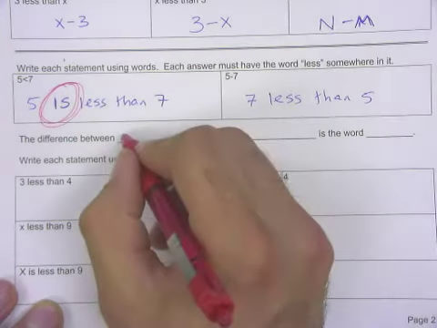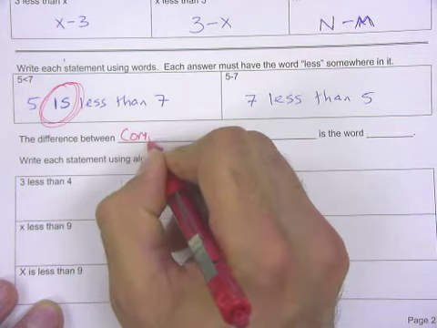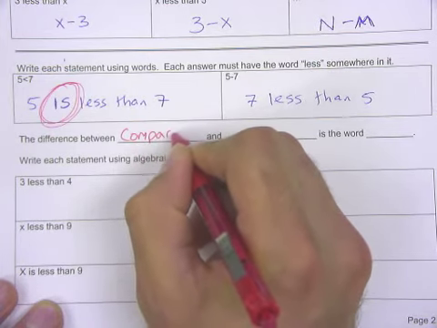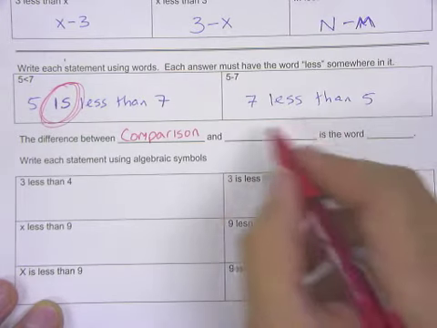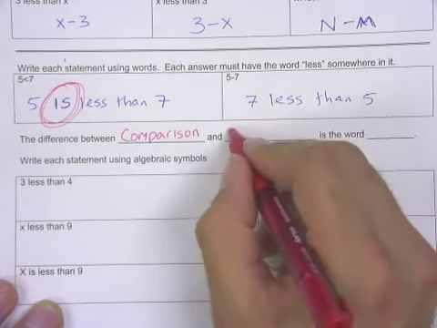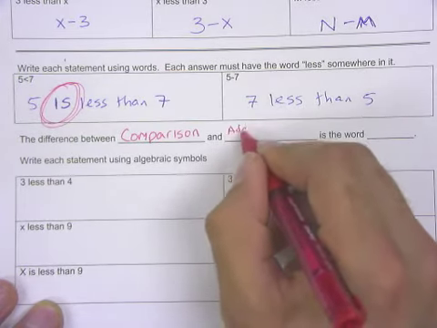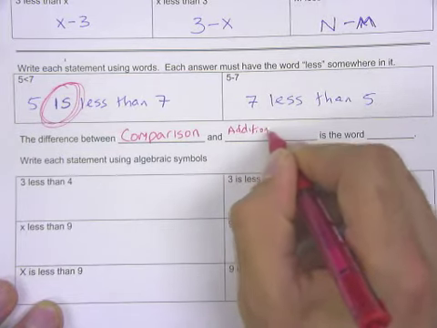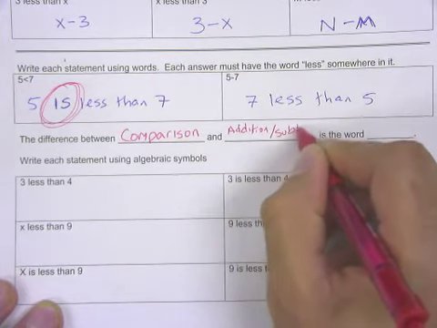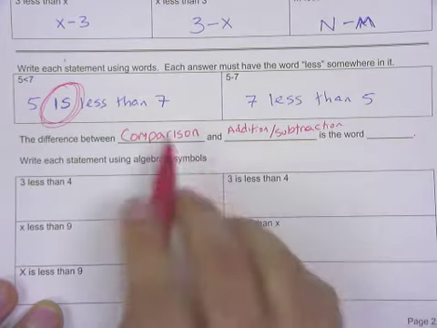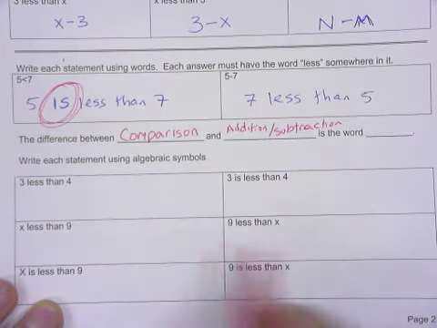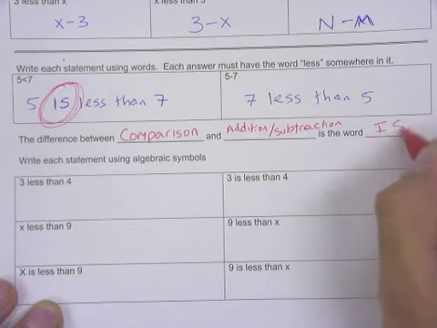So the difference between comparison, like we have there on the left, and addition slash subtraction, boy, that blank is a little too small, huh? The big difference between these two things verbally is going to be the word is.